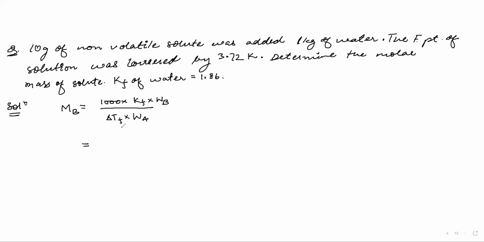Amalia has got an answer. So we will see. Let us see. If you have got the answer, raise your hand. Amalia has got the answer, yes. 1.86 into W of B, which is equal to 10 grams, upon delta Tf is 3.72 into W of A is 1000 grams.